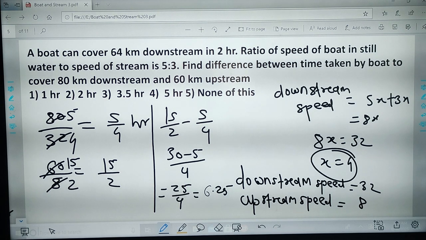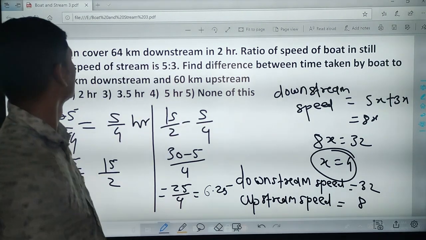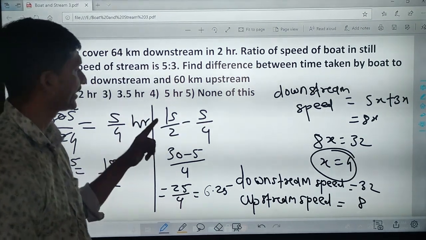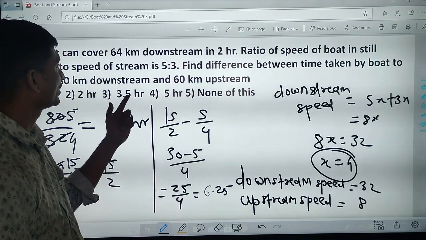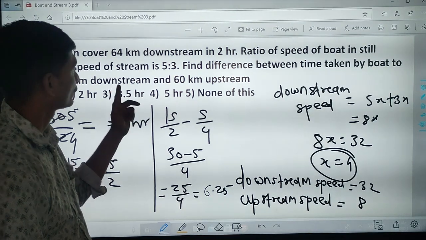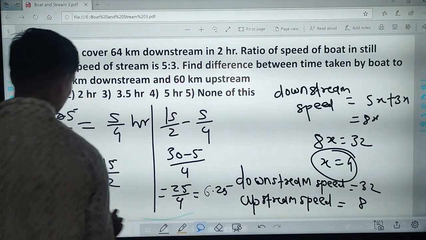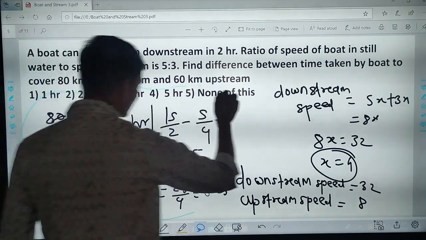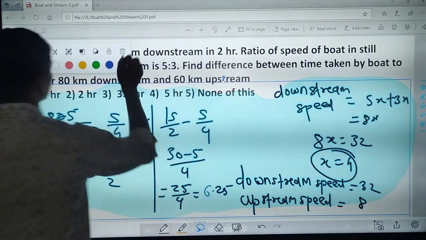Here 8x is equal to 32, x is equal to 4, 20 plus 12, and 20 minus 12 is 8. The difference between these two times is 6.25 hours. Now next.